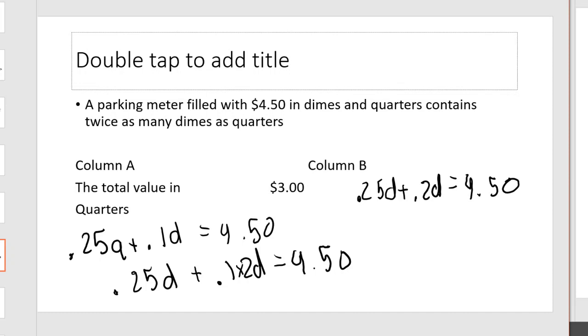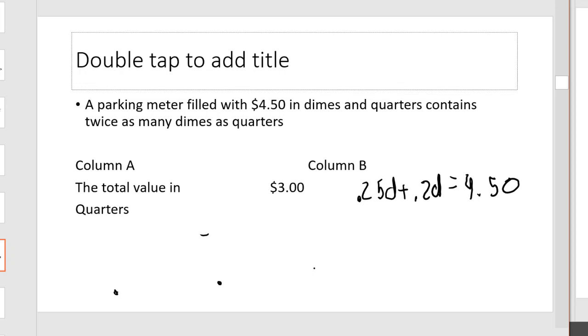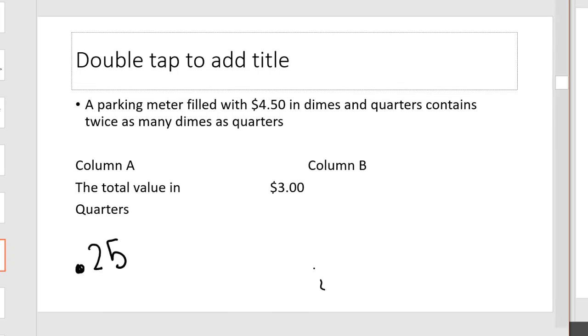So if you're a little confused, you might want to use a different variable. Let's forget for a minute quarters versus dimes. Let's say we're just talking about purely understanding that there are going to be 2 coins. We know the value of a quarter is 25 cents, so let's call that 0.25.